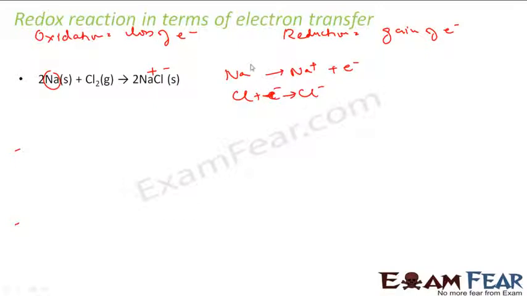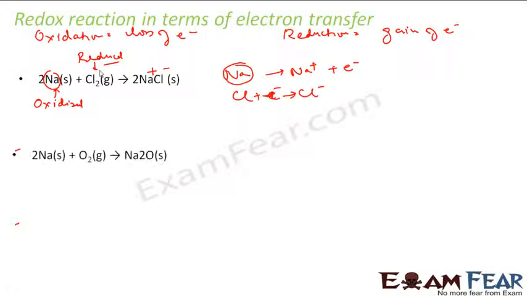So loss of electron is happening here in this case. So sodium is getting oxidized, right? And chlorine is something which is getting reduced here. So with a new definition where we say oxidation is loss of electron and reduction is gain of electron, we say that sodium is oxidized and chlorine is reduced here.